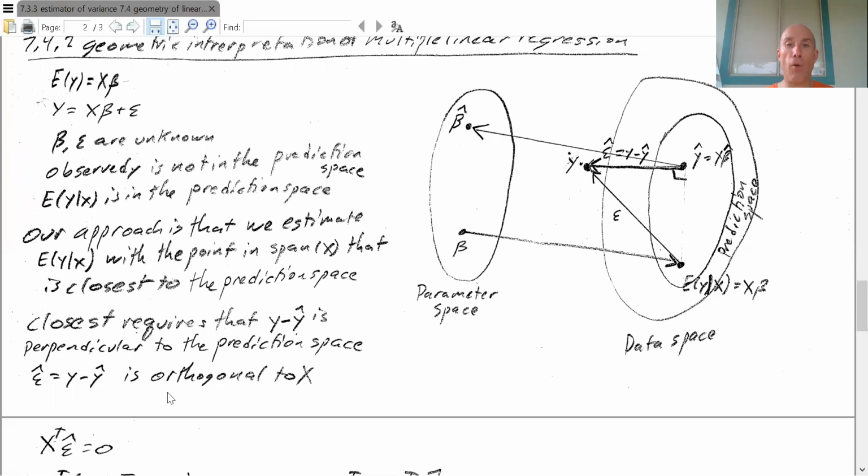From a geometry point of view, after I get my residual vector, my predictor variables have no informative value towards my residuals. This is kind of a big deal. My predictor variables have no informative value for my residuals after I perform linear regression. Geometrically, we're saying that the residual vector is orthogonal to all of our predictors.